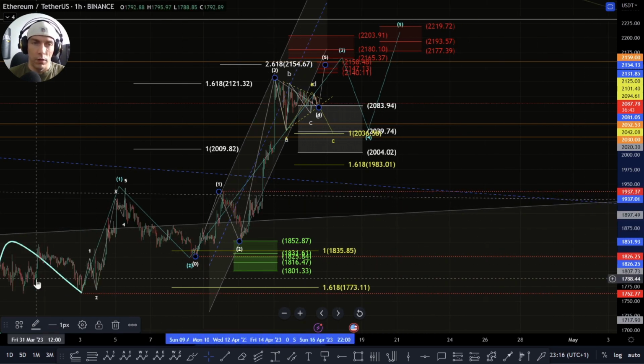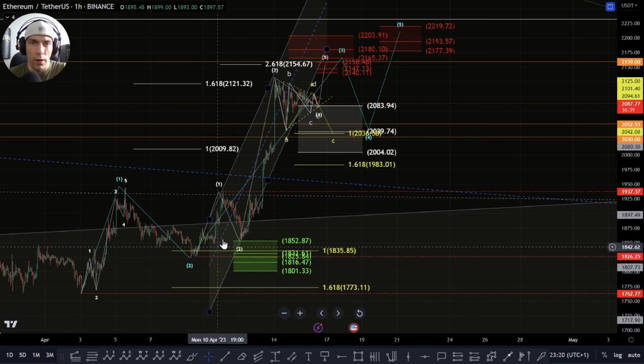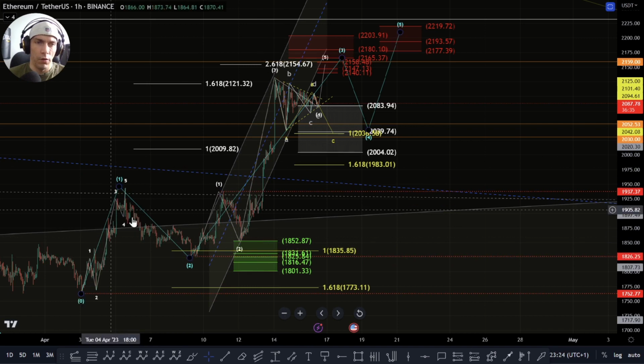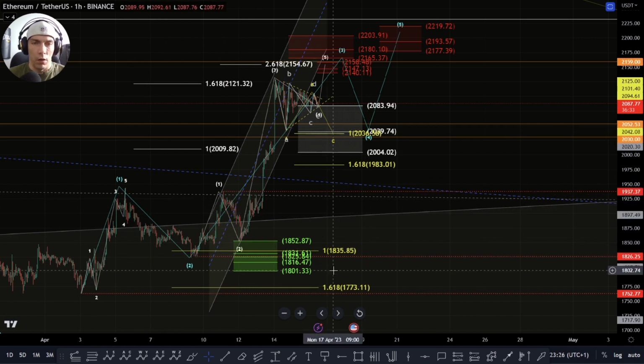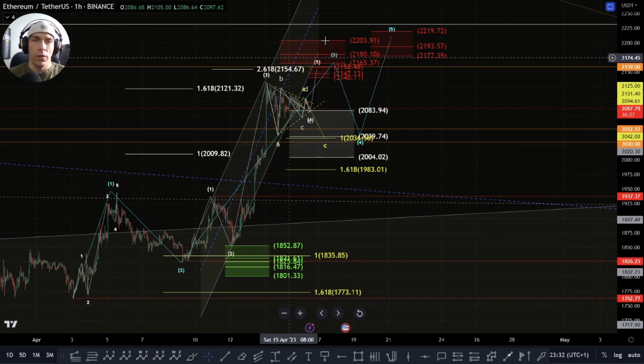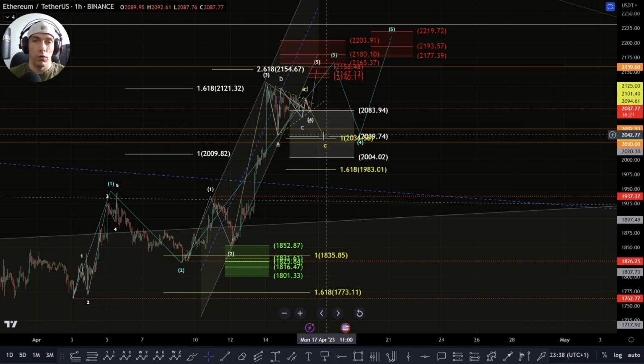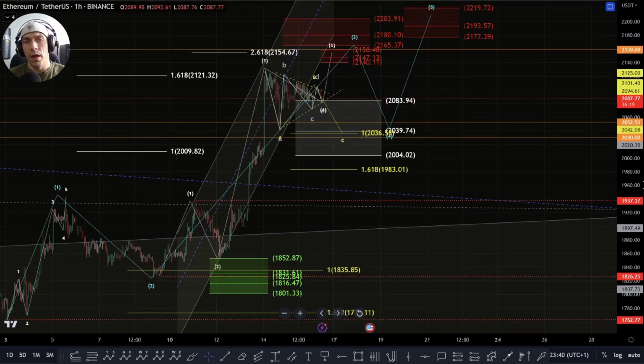If we move down past 1937, it would break the structure within the move here, and we wouldn't have very good structure at that point, and we'd have to be careful because, like I said, if we do actually break down and take these lows of this 1826 to this 1762, this extension starts to potentially fall apart, and we would stop following the good structure to the upside. So this is going to be key.